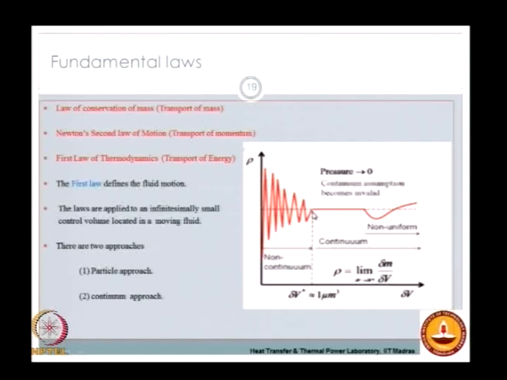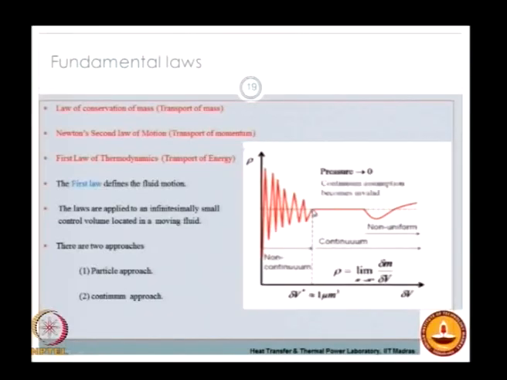And if you use volumes which are larger than this critical volume and you calculate the ratio of the mass divided by the volume, that is you weigh the particles in that control volume divided by the volume it occupies, you find that after that this becomes more or less a constant.